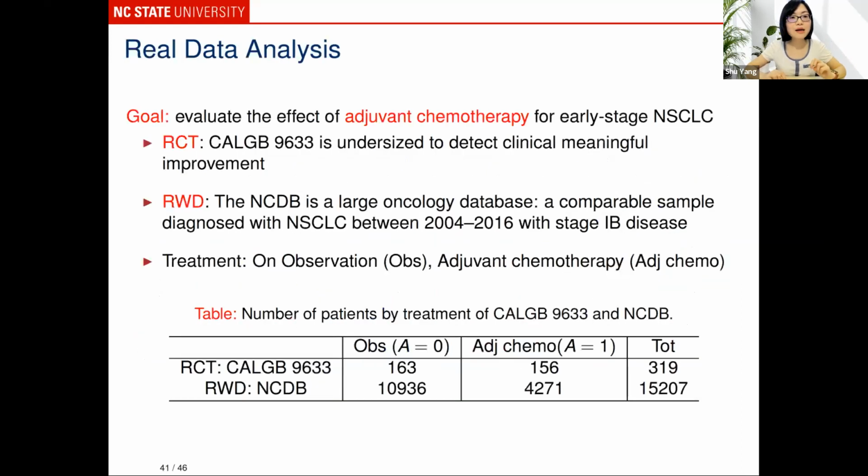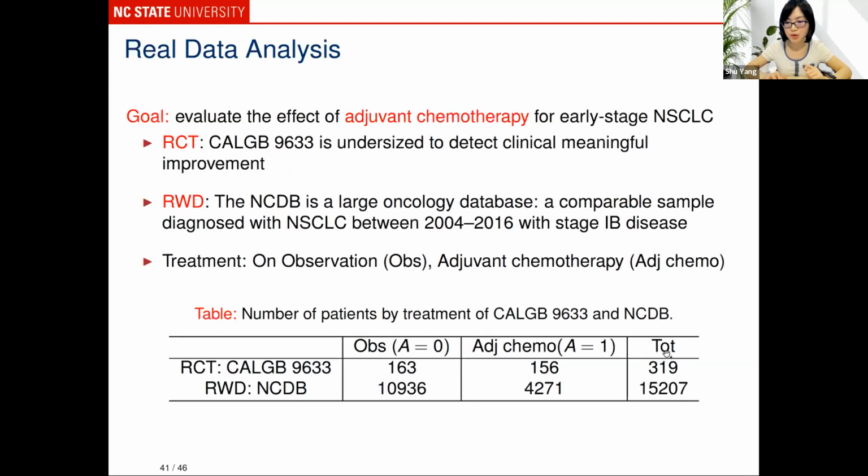So lastly, let me talk about the real data analysis. Here, recall the goal is to evaluate the effect of adjuvant chemotherapy for early stage non-small cell lung cancer patients. We have RCT data and RWD data. The treatment is observation versus adjuvant chemotherapy. This table summarizes the number of patients by treatment in the RCT and the RWD.